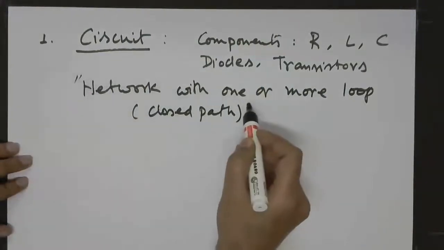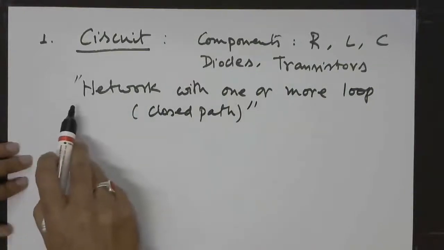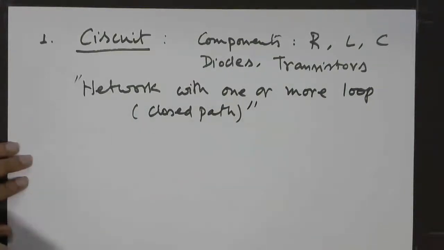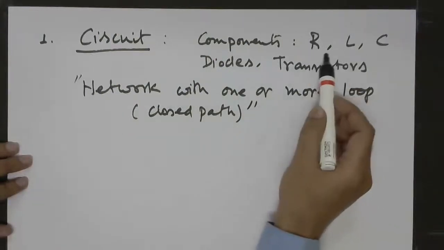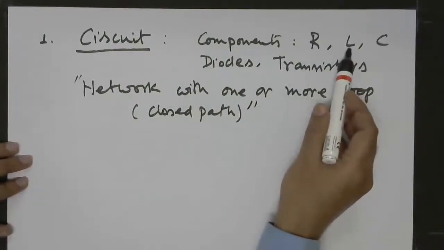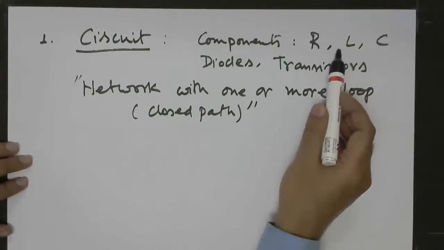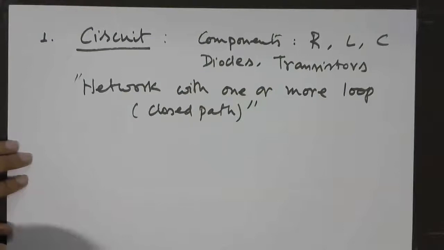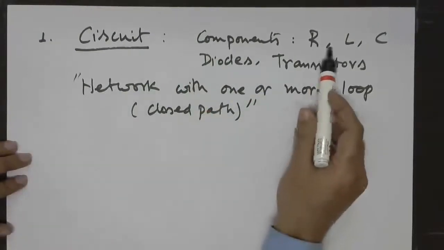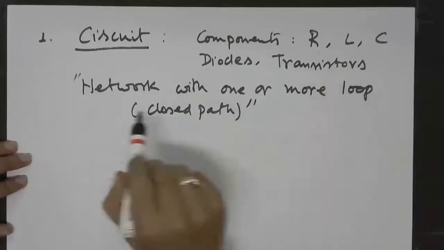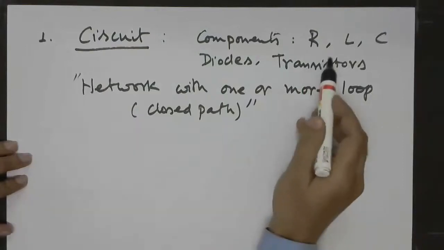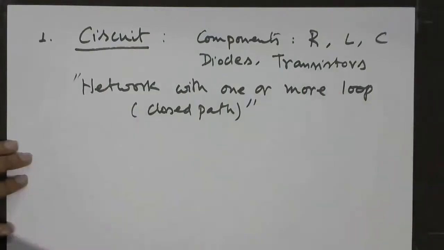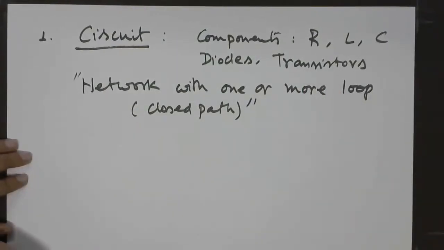This is the sort of formal definition of a circuit. We will have to interconnect these, and of course this interconnection is done with the help of a conductor, which we'll be calling a wire or interconnect. And the nature of the interconnect, the nature of the network, and the nature of the elements decide what the circuit can do.